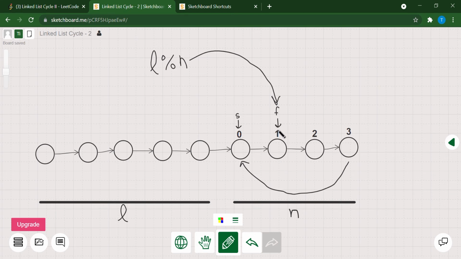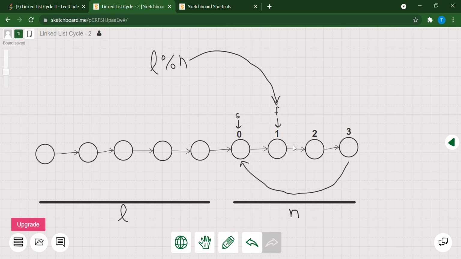The distance between the fast and the slow pointer is how much the fast pointer has to move to reach the slow pointer. So it's this distance, not this distance.